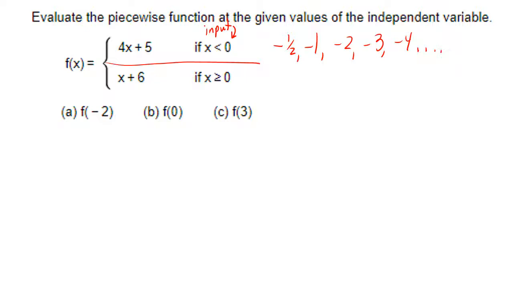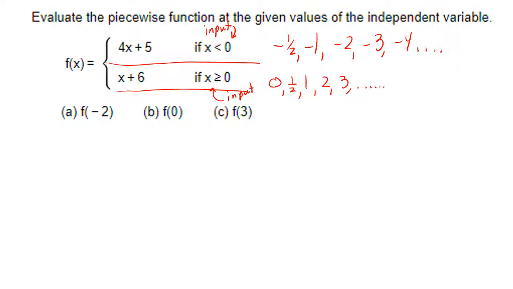The second piece or the second part of this function is defined when the input is greater than or equal to 0. So that would mean if you had 0, +1/2, +1, +2, +3, etc., again including all fractions and decimals as well. So you have to decide what your input value is and which piece of the function it should be substituted into.